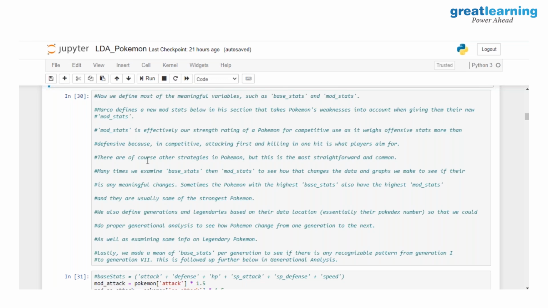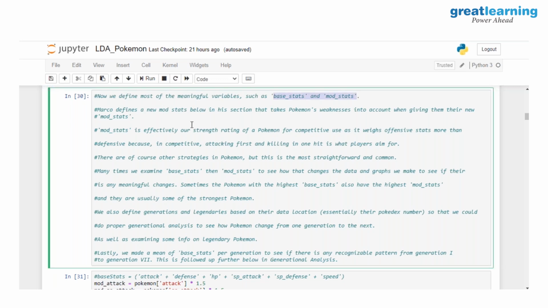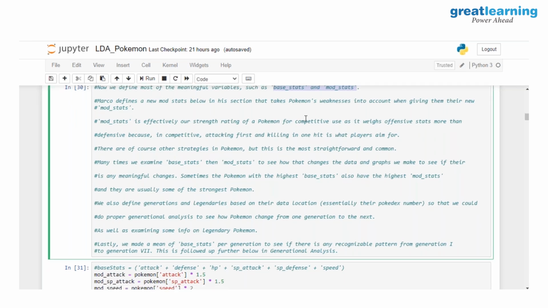So you see what we did, we defined most of the meaningful variables as base stats and mod stats. In simple words, we were trying to find out, can we define the strength of a Pokemon based on its offense versus defense strategies, because we understand that the overall objective is to attack and attack first. So that's what the competition is all about.